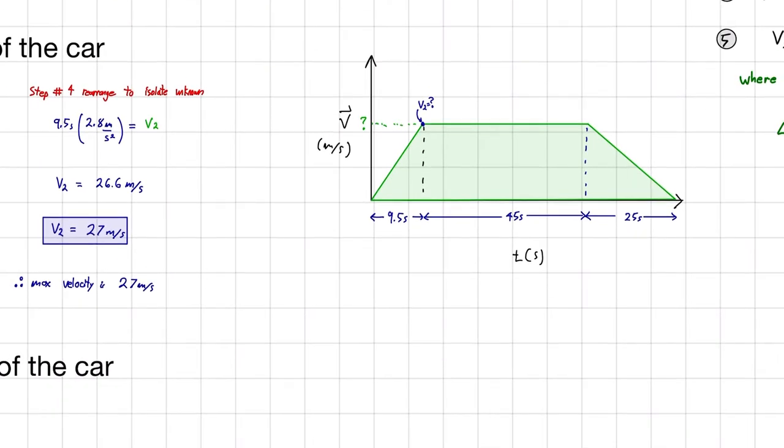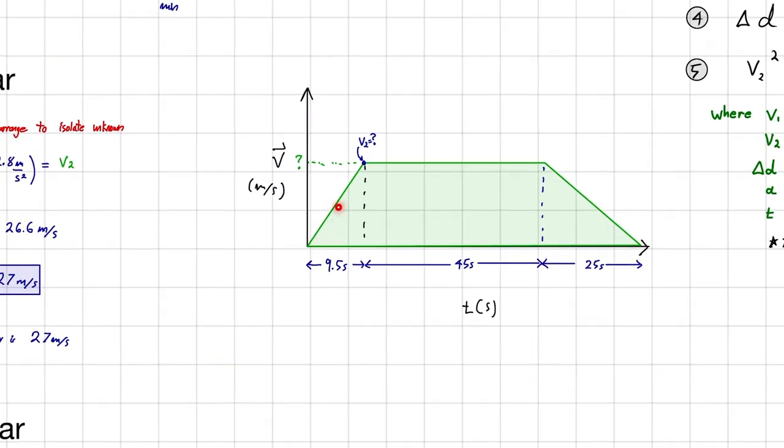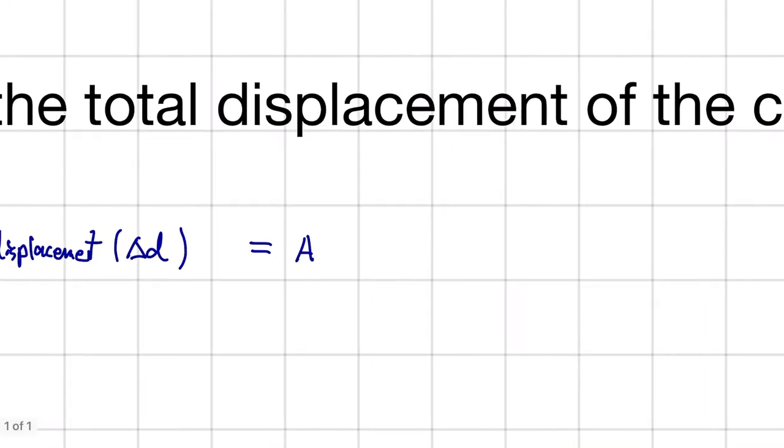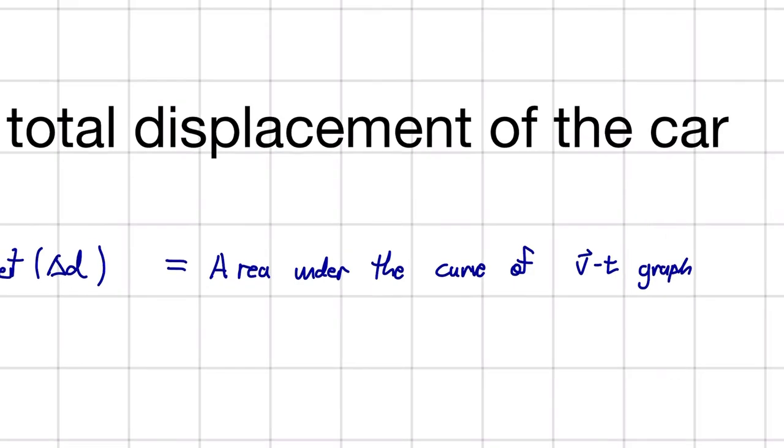So remember from your lesson that the area under the velocity time curve is equal to the displacement. So I'll write that out here. The displacement is equal to the area under the curve of our VT graph. That's velocity time graph.